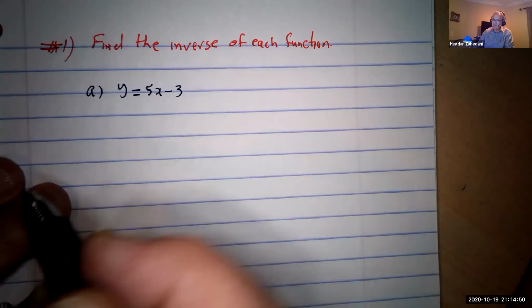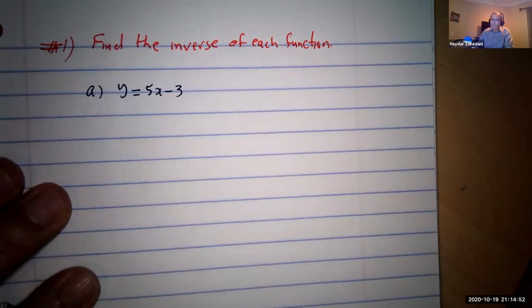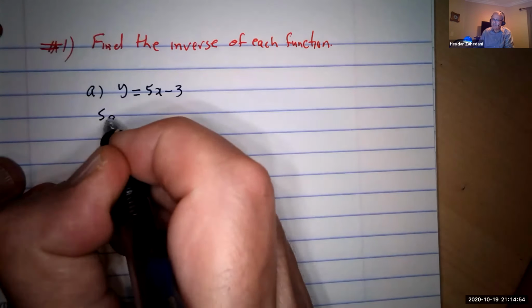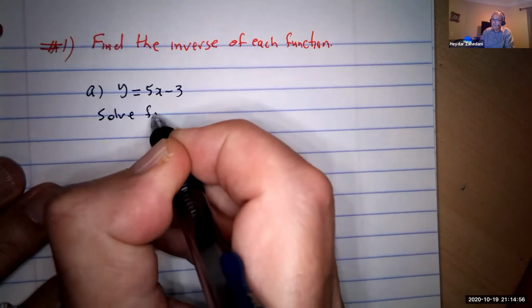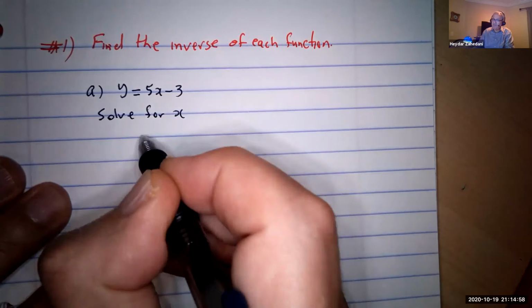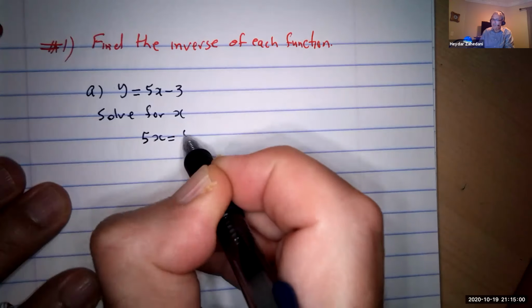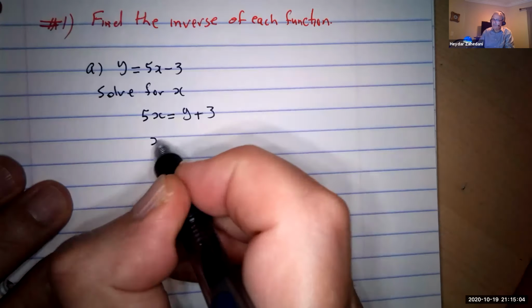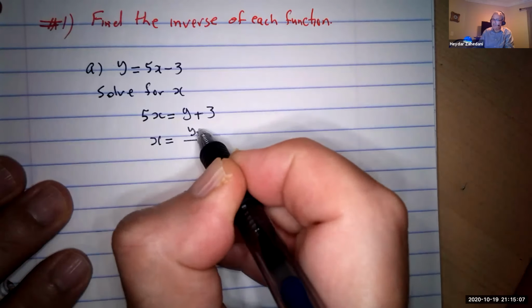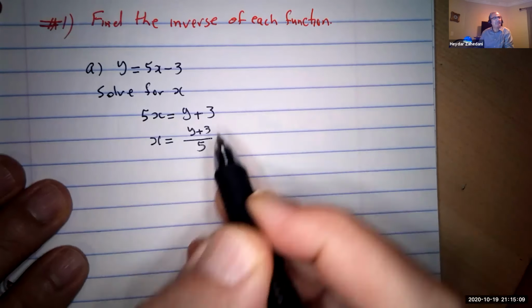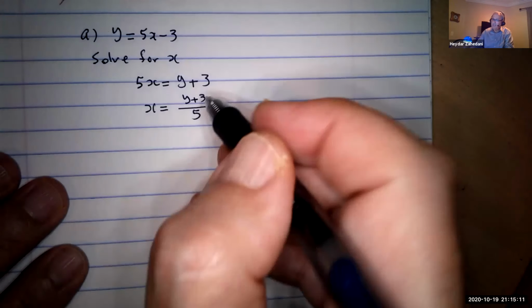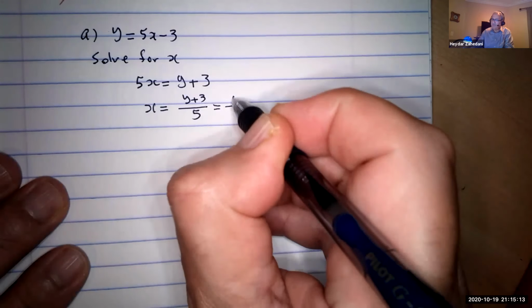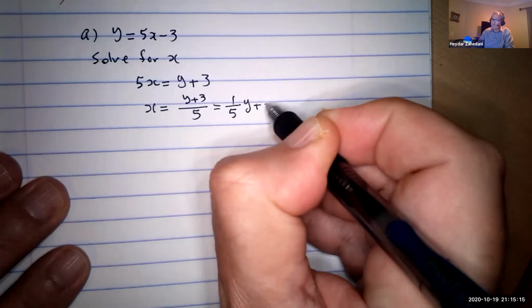The way we are going to do it, you solve for x. So 5x equals y plus 3. You divide by 5: x equals (y plus 3) divided by 5. We accept it, or if you like, you can break it into one-fifth of y plus 3/5.